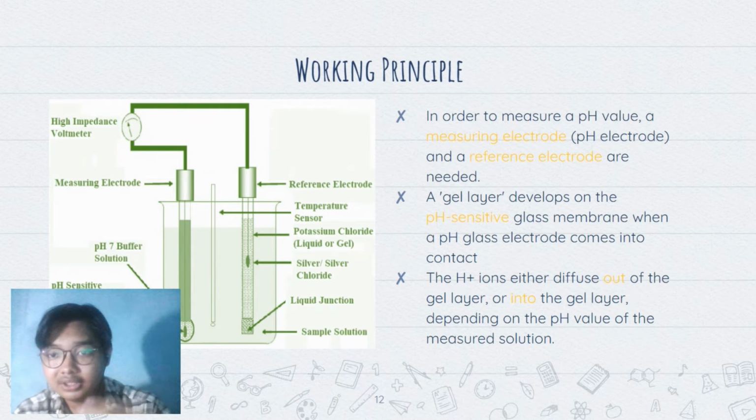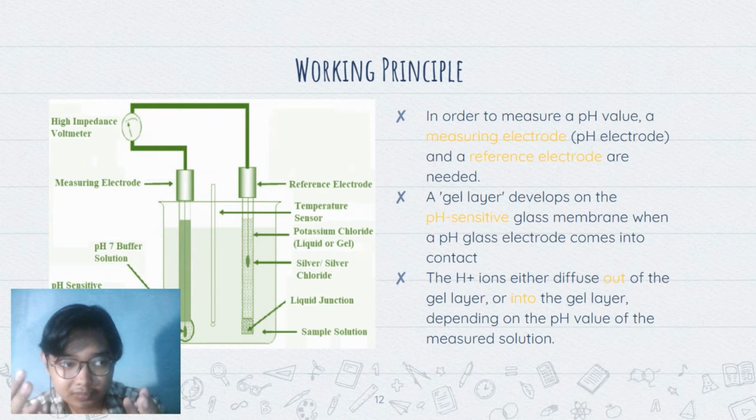When the pH glass electrode touches the chemical solution, it builds something like a gel layer when the contact happens.